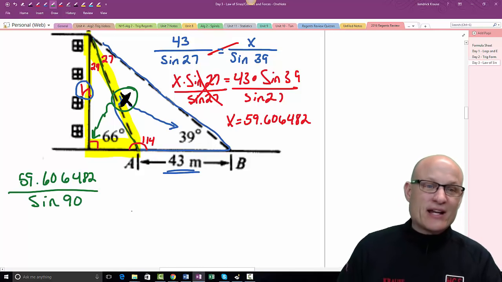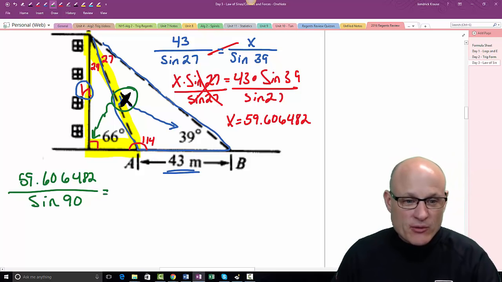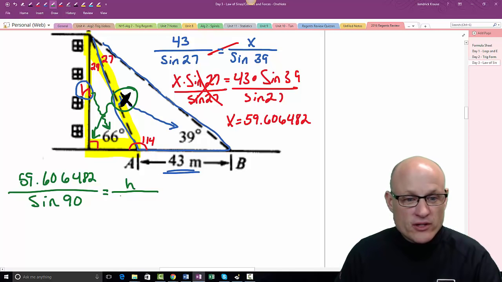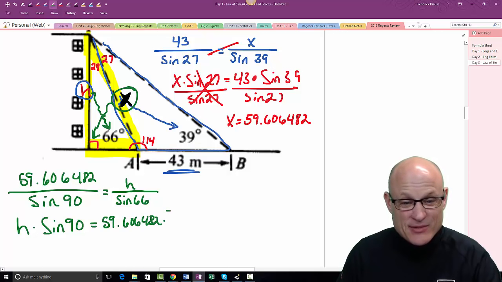Yes, I know the sine of 90 is 1 and it's not very necessary, but I'm going to use it anyway. That is equal to h over the sine of 66, the angle opposite it. So h times the sine of 90, and yes, again, I know the sine of 90 is 1, so do you, equals 59.606482 times the sine of 66.